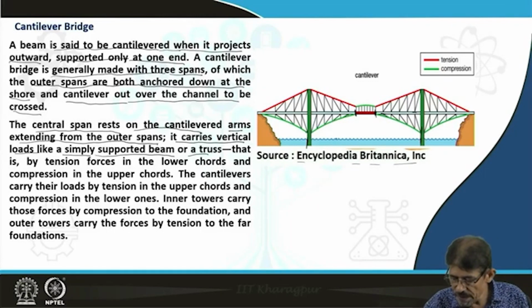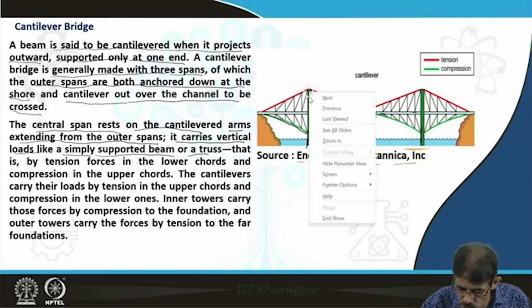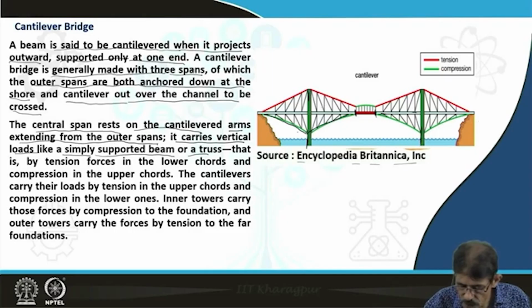In this way, you can see this cantilever structure is under compression, going to transfer the whole load to the piers, these support pillars, because this type of truss structure is responsible for keeping the cables and wires under tension. This is under compression, and these are under tension.